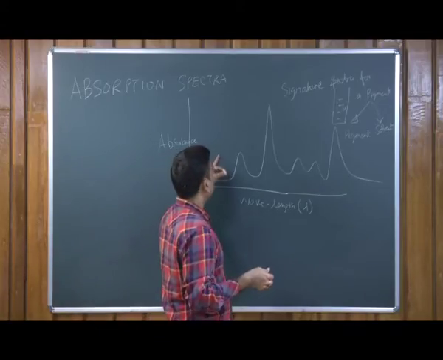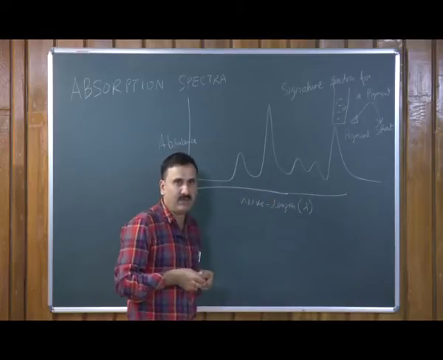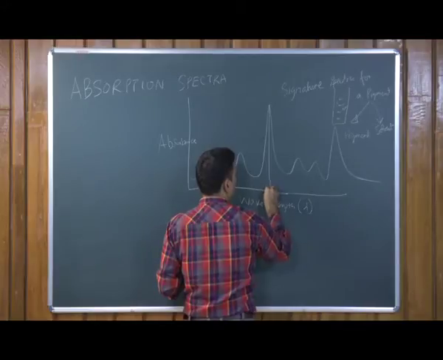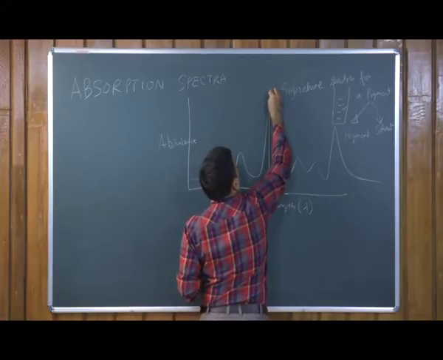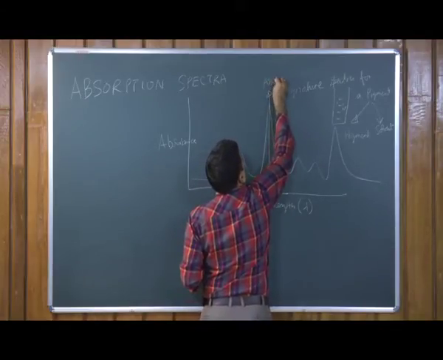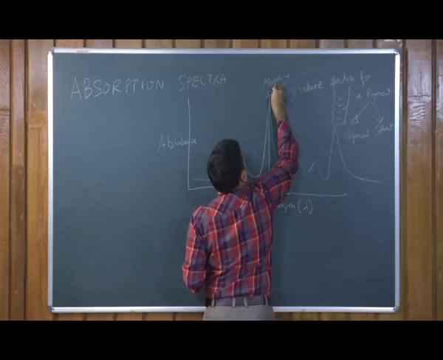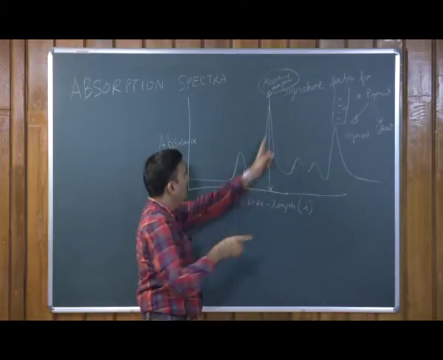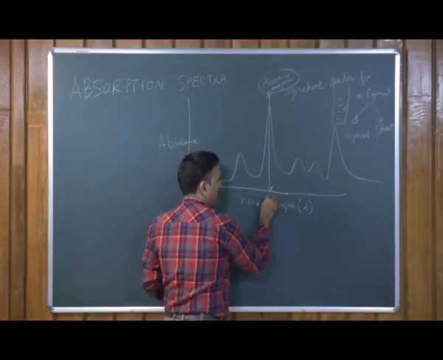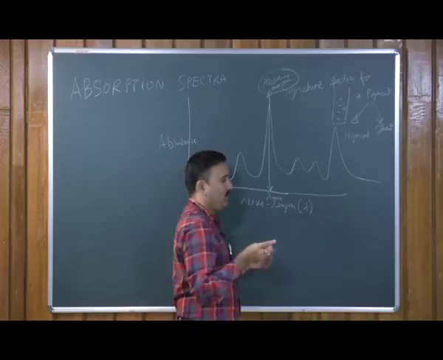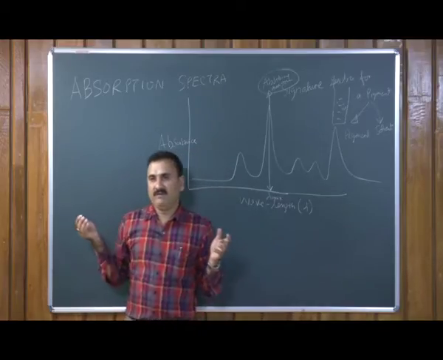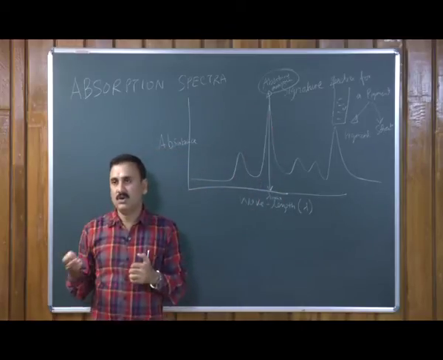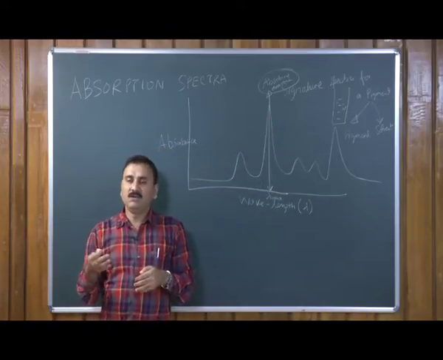So, this kind of spectra gives two pieces of information. One, that at this particular wavelength, the molecule is absorbing maximum. This means at this wavelength, which is the lambda max, the molecule is going to be most efficient, meaning it is going to take up this energy and utilize it for its work.